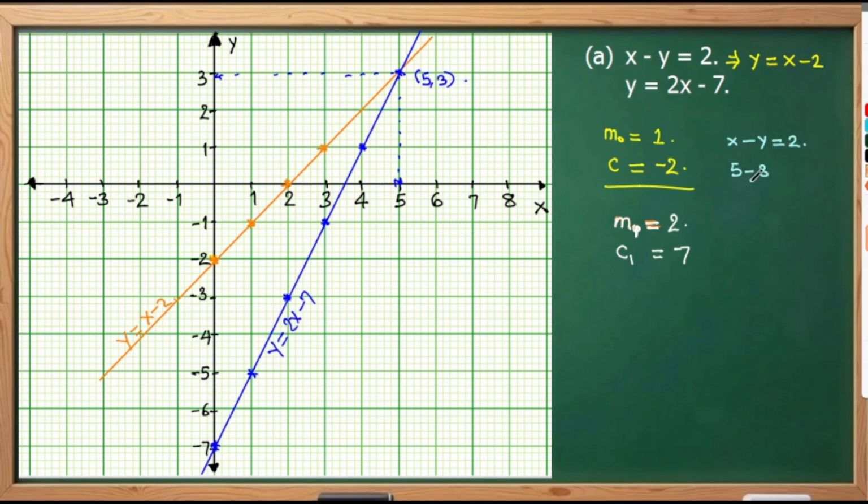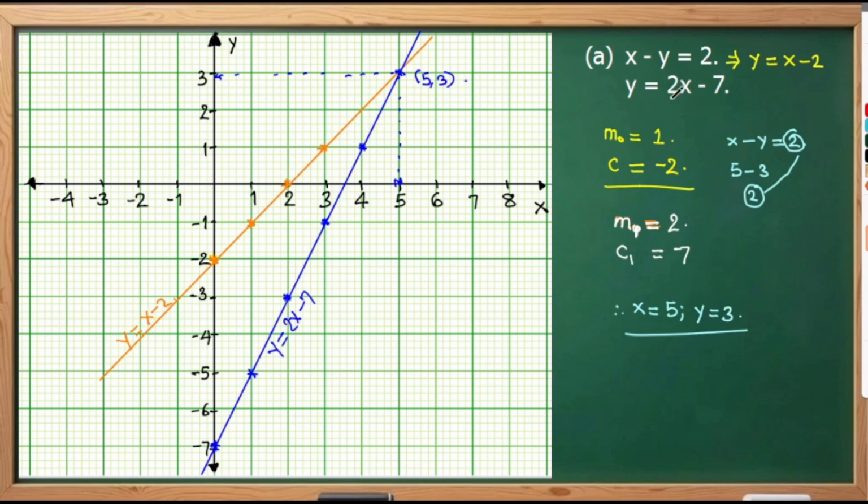Now when we subtract 5 minus 3, we get 2, and this 2 from the left hand side corresponds to the 2 from the right hand side of this equation, meaning these values are valid. Therefore the solution is x equals 5, and y equals 3.